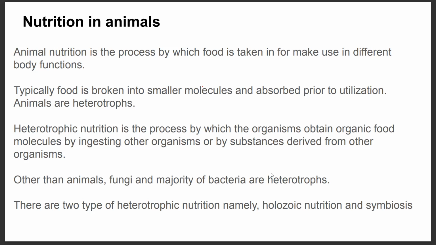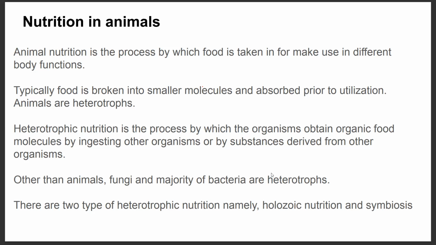Digestion is of 2 types: mechanical and chemical digestion, right? Mechanical digestion in the digestive system takes place by teeth or muscle contraction in the stomach. And chemical digestion takes place by enzymes.